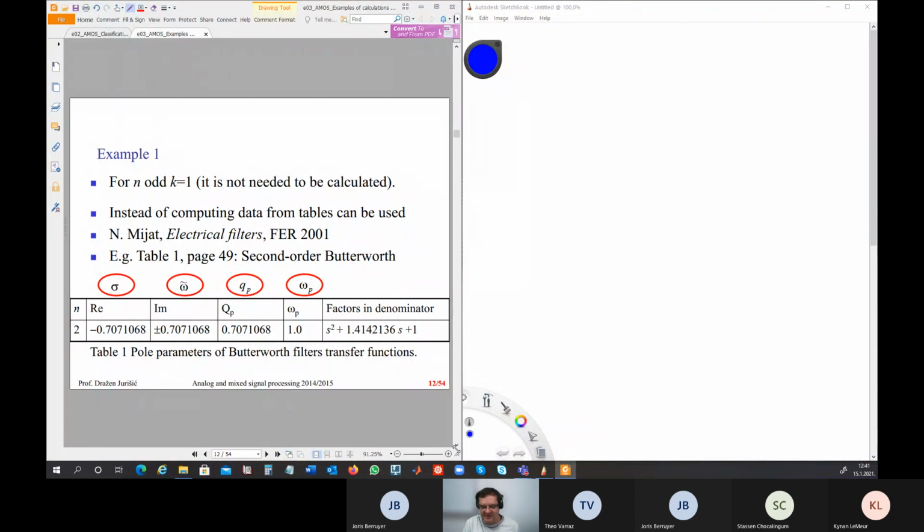Usually you can read it from tables, but this here is just to show that for the real part we use sigma, for the imaginary part we use omega tilde, and we use QP and omega p as notations. This example here is for Butterworth, but okay.